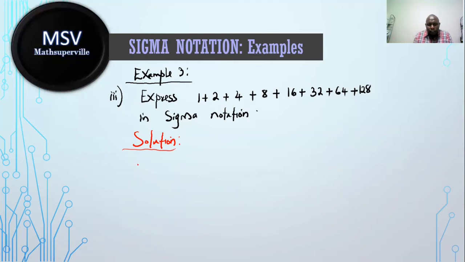So you will notice that this is 2 raised to 0 plus 2 raised to 1 plus 2 raised to 2 plus 2 raised to 3 plus 2 raised to 4 plus 2 raised to 5 plus 2 raised to 6 plus 2 raised to 7.